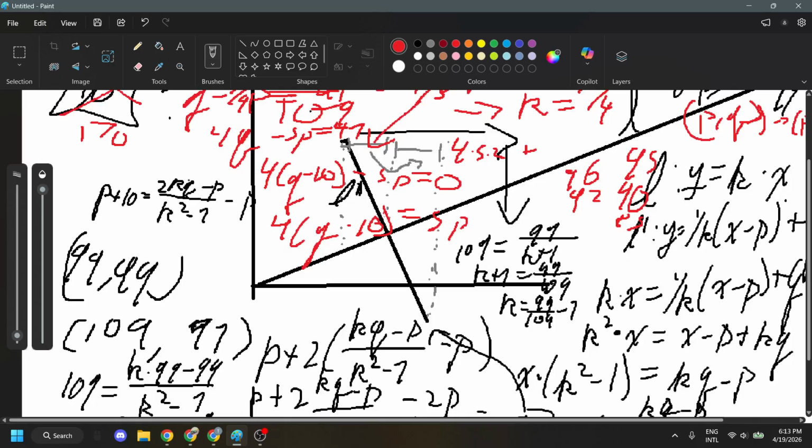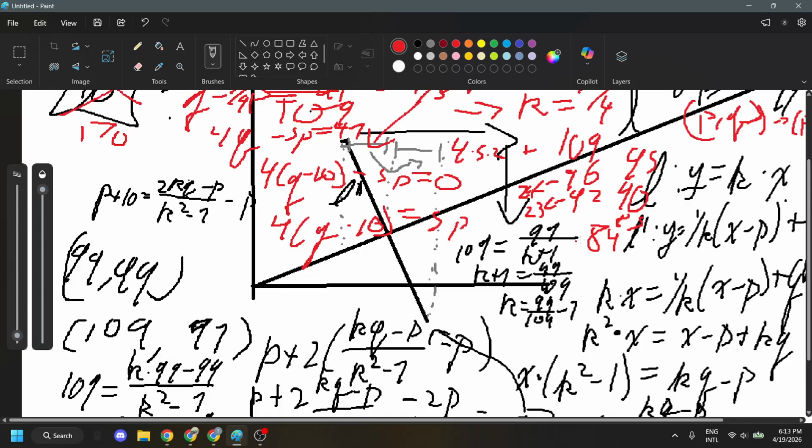We have a bound here of 109. 109, so 5/4 P must be less than 109. So divide this by 4, we get 24. Here we get 23. 23 times 5 is too great. 21 times 5 is what we need. So 21 times 5 would be 84.